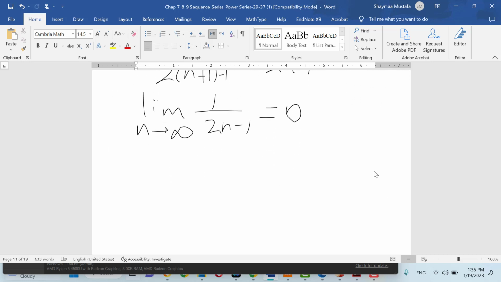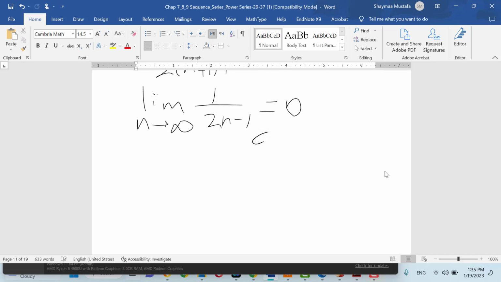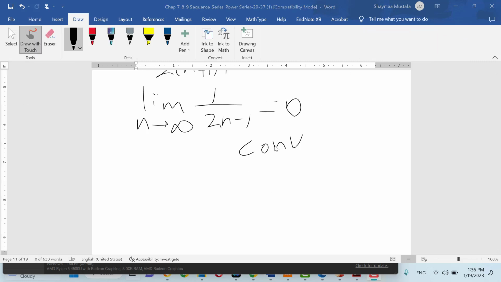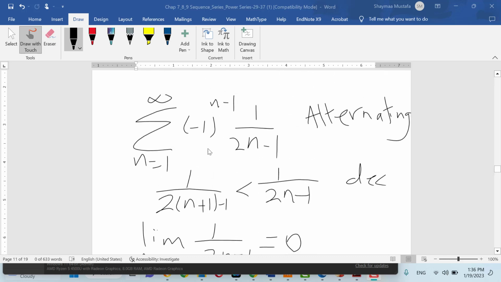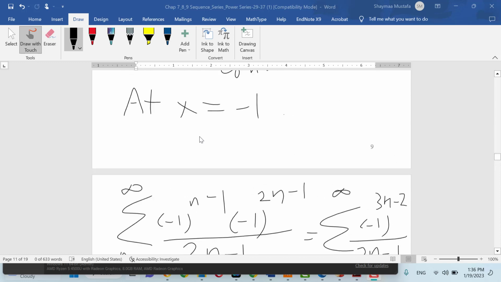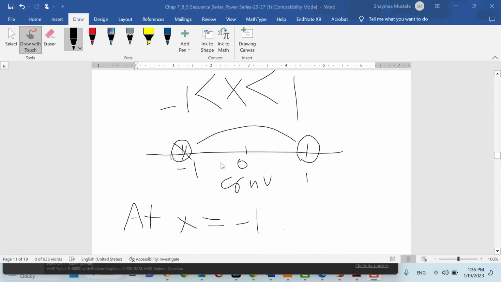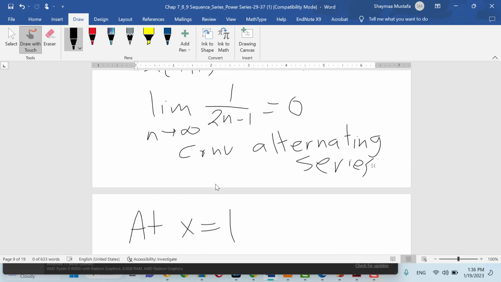So it also converges. So at x equal to 1, we also have a convergent alternating series. So the second boundary point is also included in our interval of convergence.